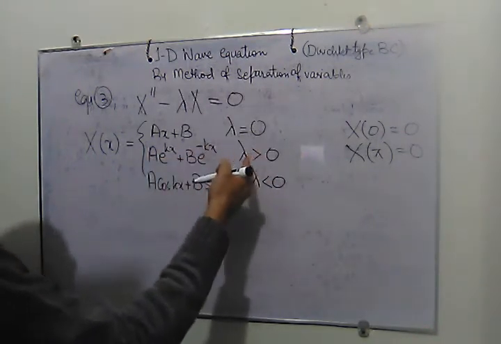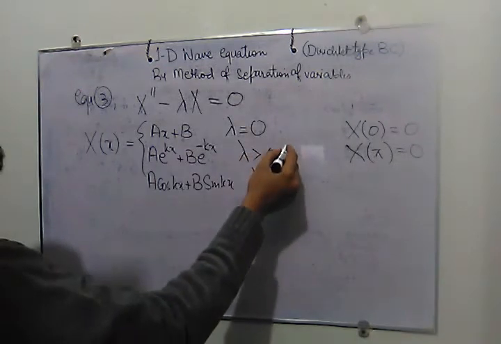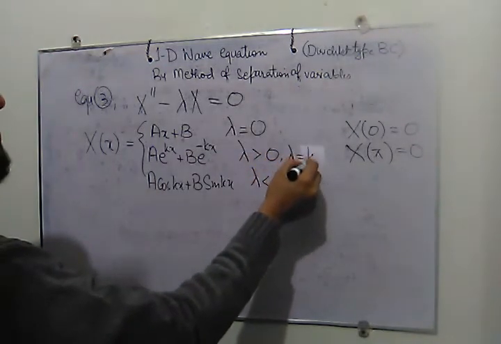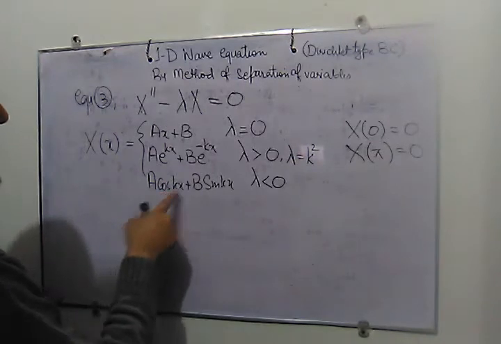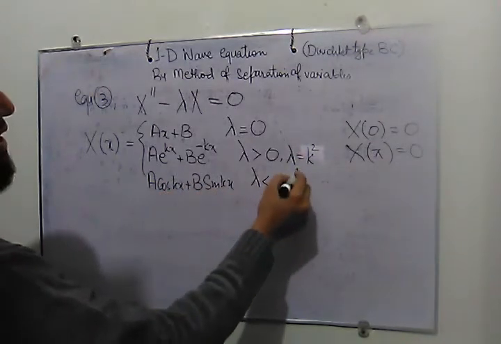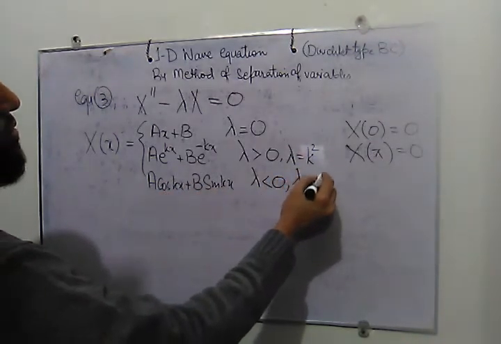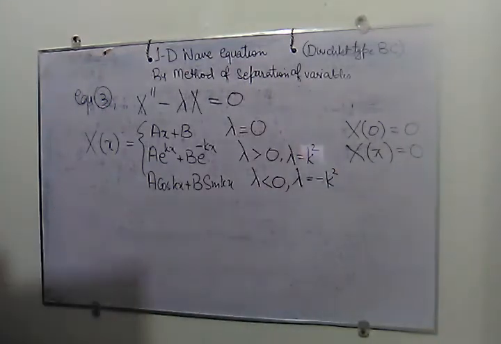Here we use k because if lambda is greater than 0, we take lambda equal to positive k squared. If lambda is less than 0, we take lambda equal to minus k squared.